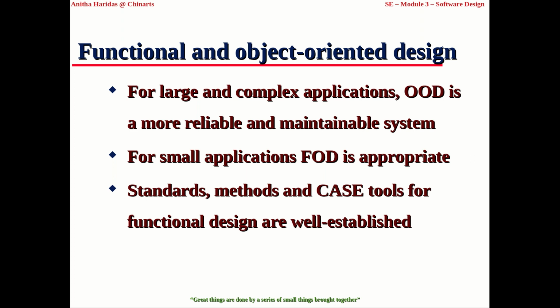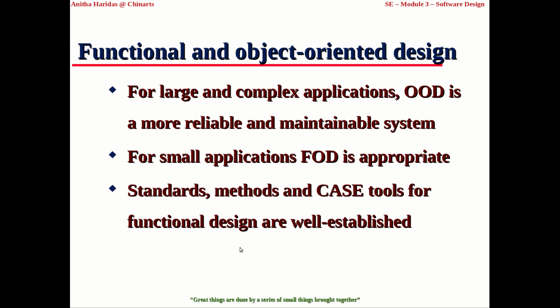Then the last topic we discussed is functional procedure layers, in which we have seen how the function details are given in 4 different layers, right? Then finally we have seen object oriented design is used for large and complex applications, whereas function oriented design is appropriate for small scale applications.